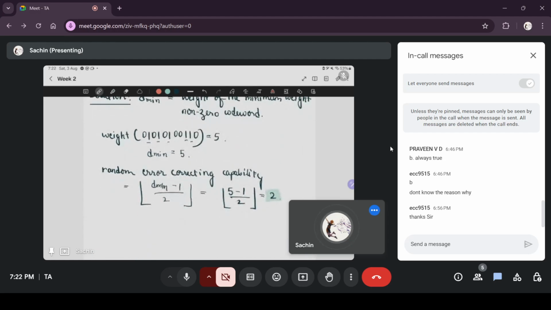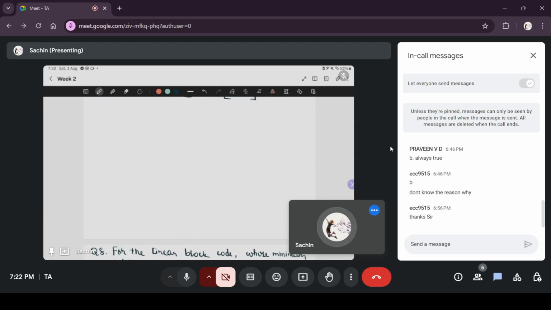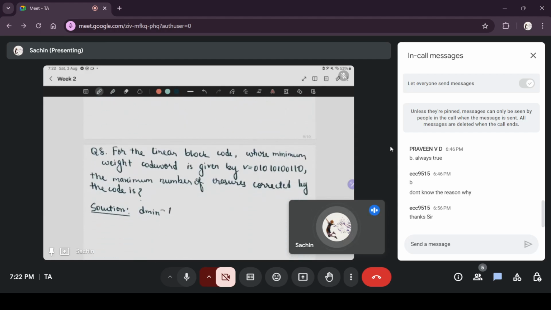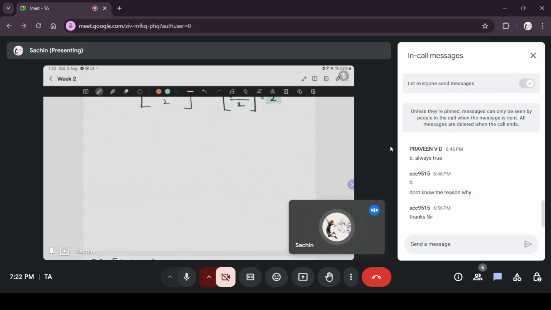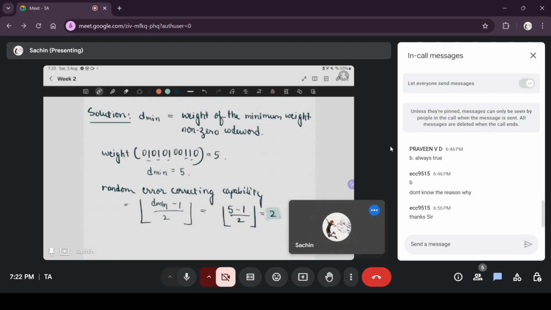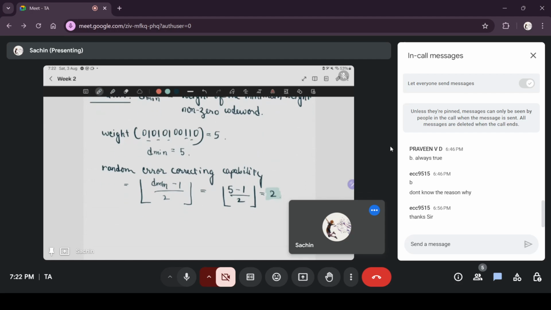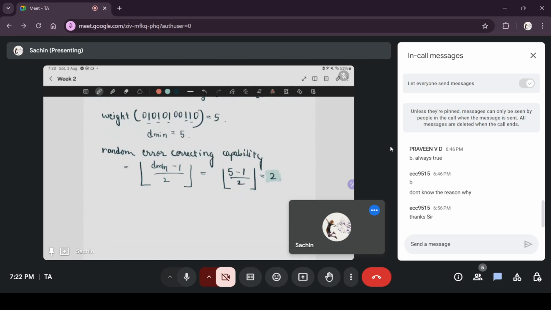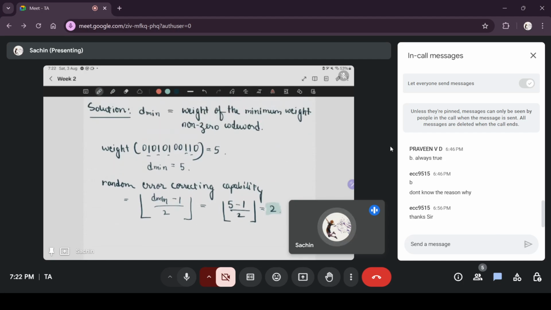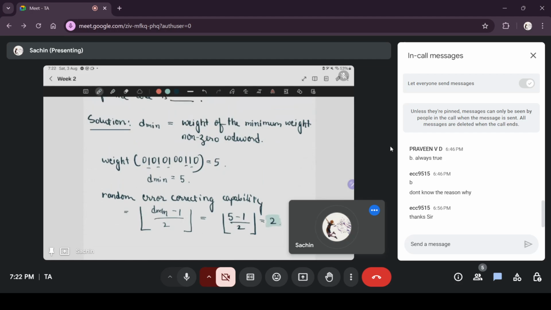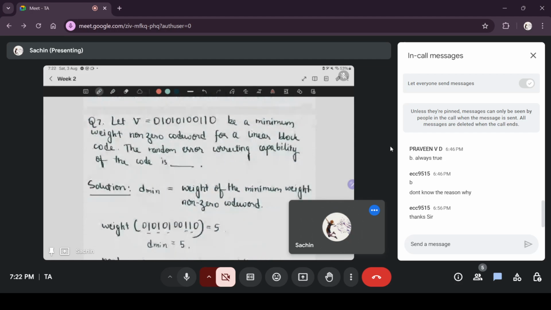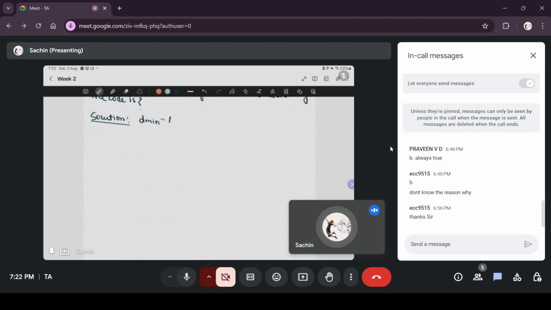I'm not sure if it is erasure detection or erasure correction. For erasures, it's a bit different, but okay, we'll take it as d min minus 1 for now. D min was 5, so this will be equal to 5 minus 1, 4.